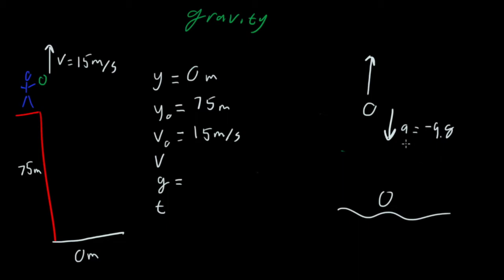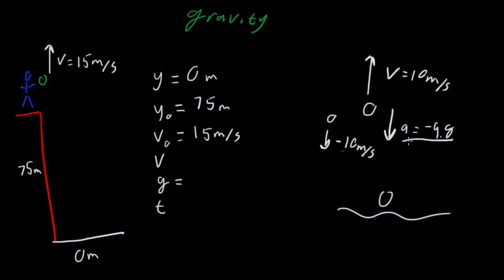Okay? That is going to be a question on the AP exam. At some point you will be asked to compare either two objects falling, maybe one object is thrown down, one object is thrown up, and you'll be asked about the rate that they fall at. They will be falling at that exact rate. It doesn't matter if this has a positive velocity of 10 meters per second, while something else has a negative velocity of 10 meters per second.